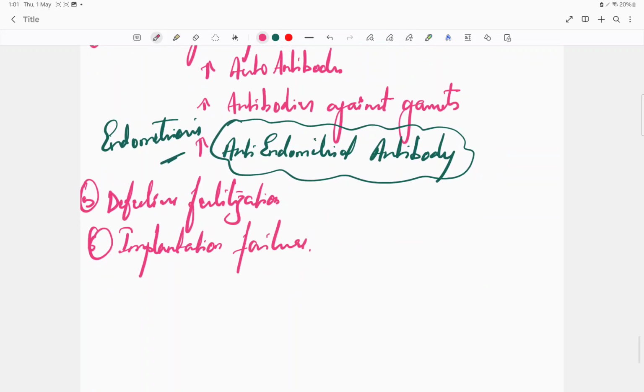Now the seventh one, this is also one of the causes for infertility, that is because of dyspareunia. So they'll have painful coitus, which leads to infrequent coitus.